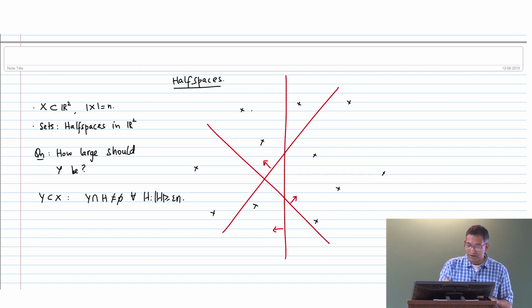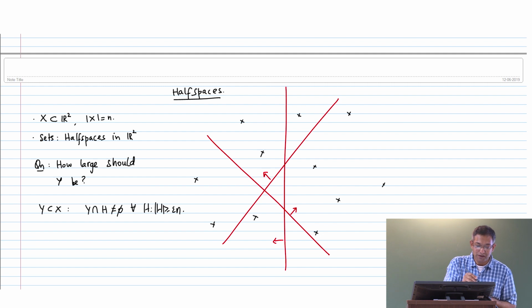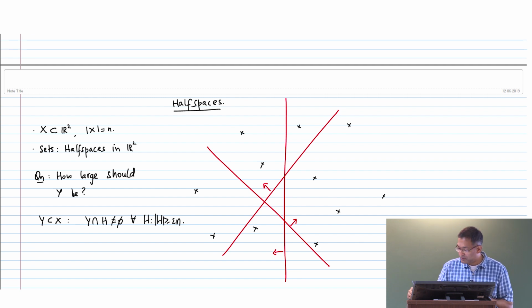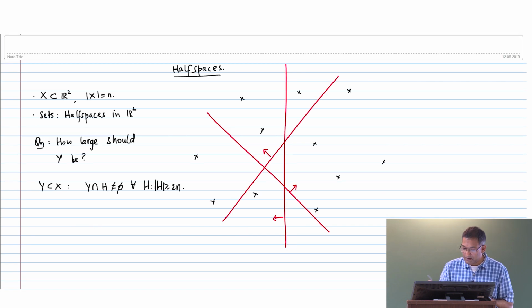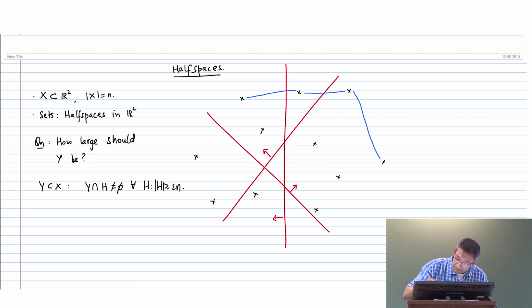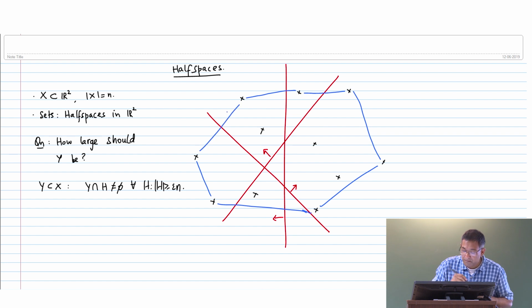So if you have points, the natural thing with half spaces should be: if the half space contains a point, it must intersect the convex hull of the points, right?